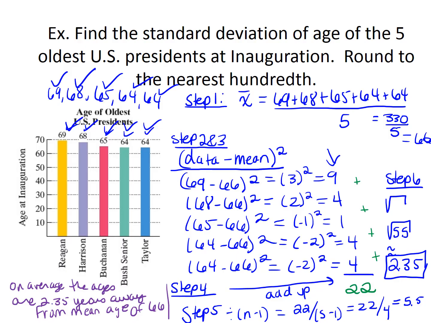So some of the ages will be older, right? 2.35 away means either 2.35 below the mean of 66 or above. You can see that some of them are above and some of them are below the mean, but they are on average 2.35 years away from the mean.